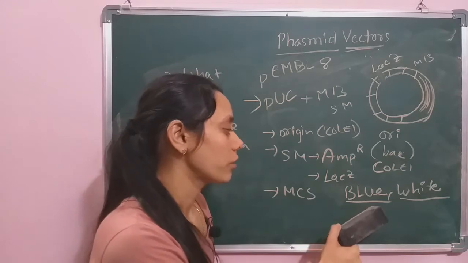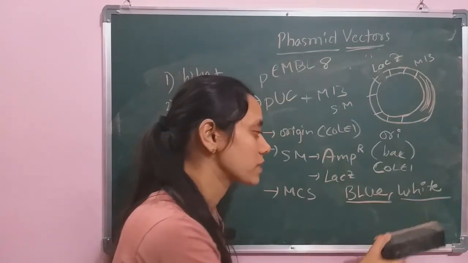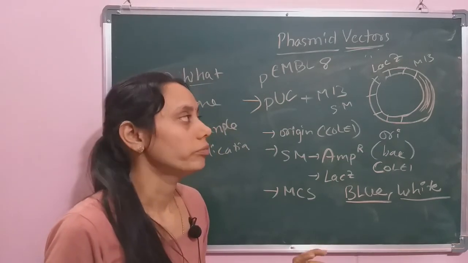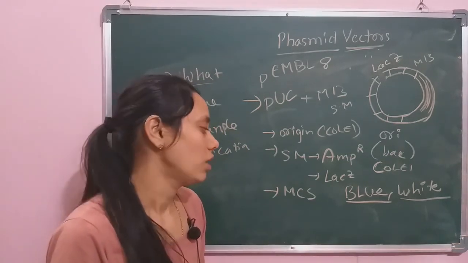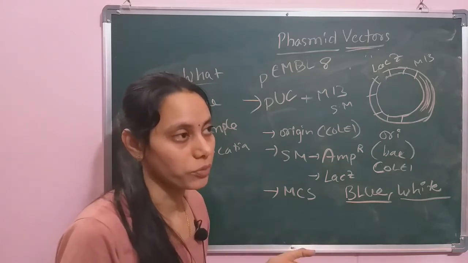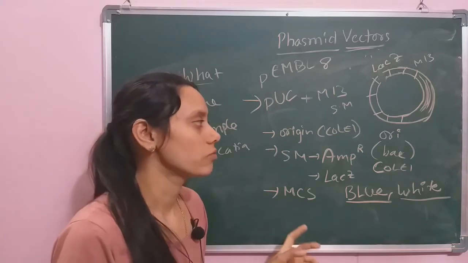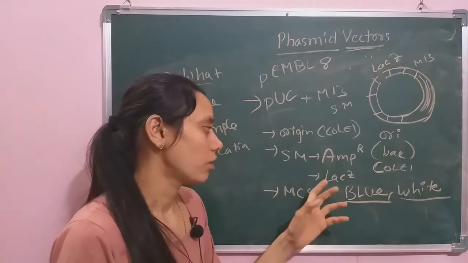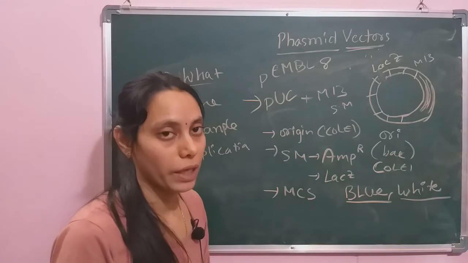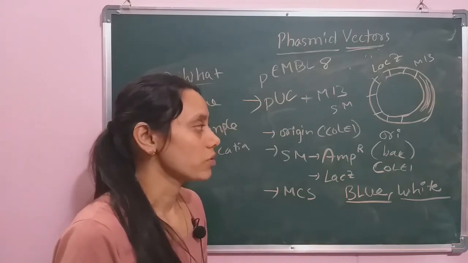So the blue plaques indicate the non-recombinant bacteria, and white plaques indicate the recombinant bacteria. Along with these plaques, there will be plaques obtained from the infection of the bacteria with the helper virus, but these can be distinguished from the white and blue plaques, and easily eliminated in the process of selection.